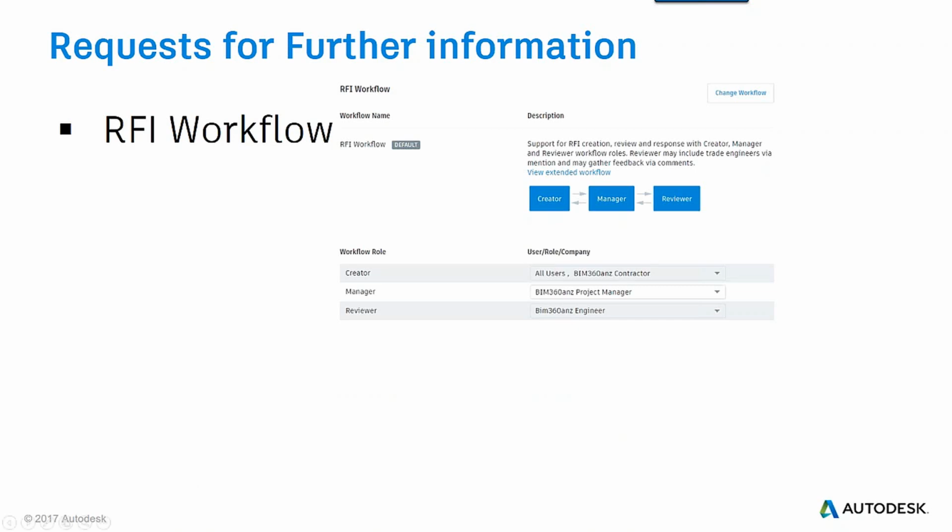So you can create an RFI process with an outside consultant. For example, anyone in your office may want to create an RFI. There's a particular person on a project who manages whether an RFI is valid or not inside your office. Then the reviewer could be the outside source who answers the RFI and sends it back into the system for the particular person to then go and resolve whatever the answer was from their RFI.